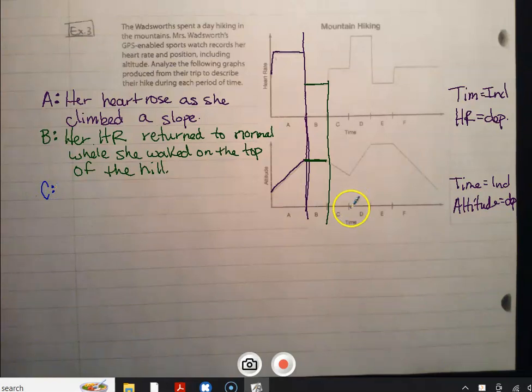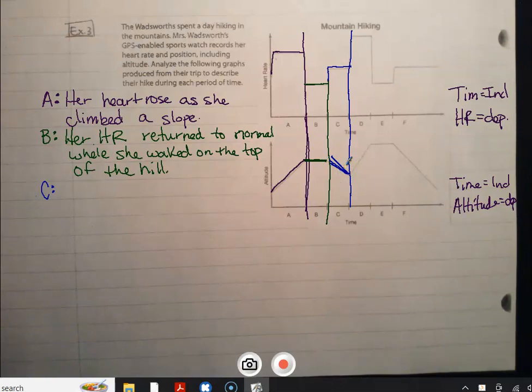All right, so what happened in time C here? Well, that's interesting. Her heart rate jumped up, so it elevated. But what happened here? What did they do? See, I couldn't trace that. All right, they walked down, not all the way down, but they walked down the mountain.